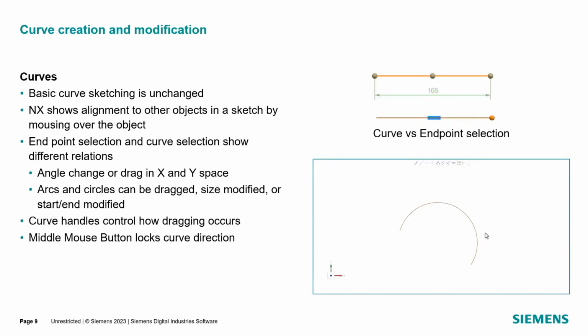Also the curve creation, as we mentioned, you're going to do the same things that you've always done inside of NX Sketcher. As you put the curves down, the main things now are, when you select the curve geometry, that's going to give you certain capability. You can do certain changes with that. Also, you'll see the control points or control information.